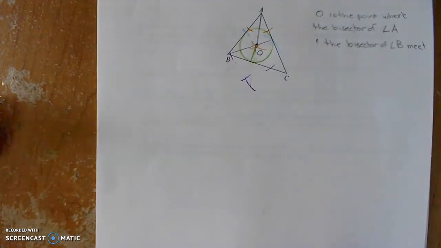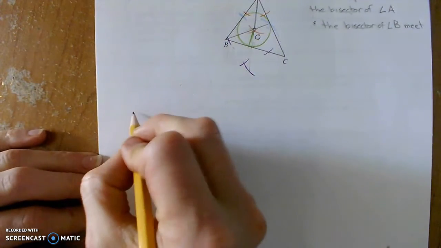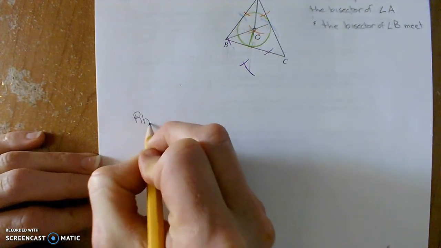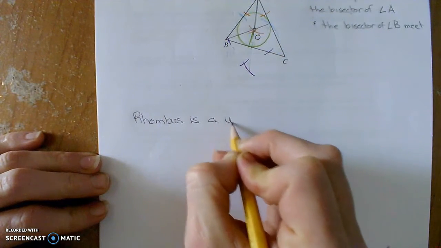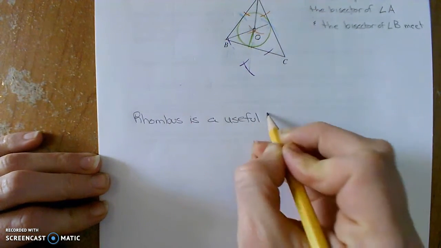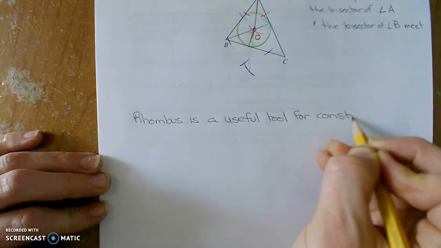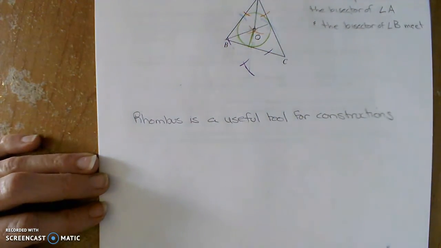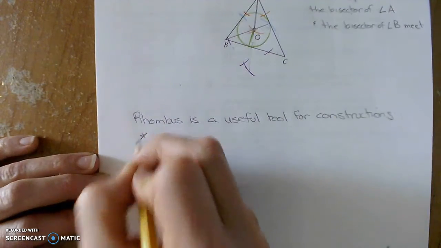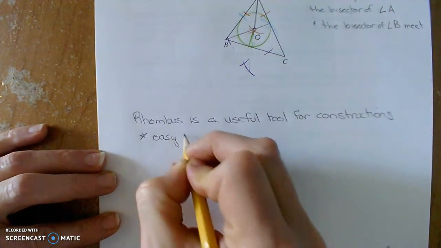All right, and just to recap here, we've done a whole bunch of constructions, and one thing is clear: a rhombus is a useful tool for constructions. The reason a rhombus is so useful, number one, is they're really easy to draw.